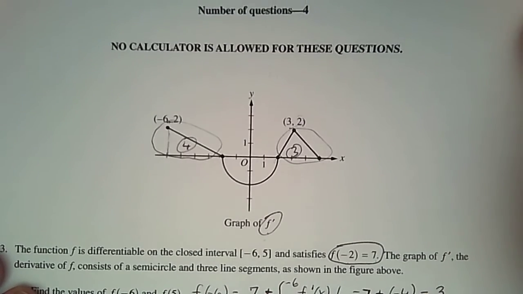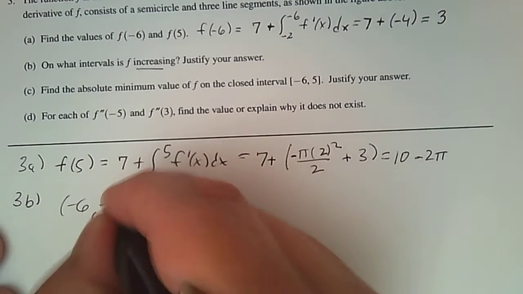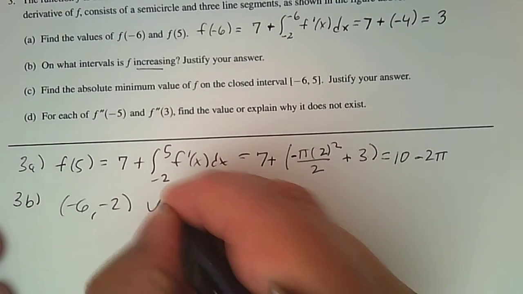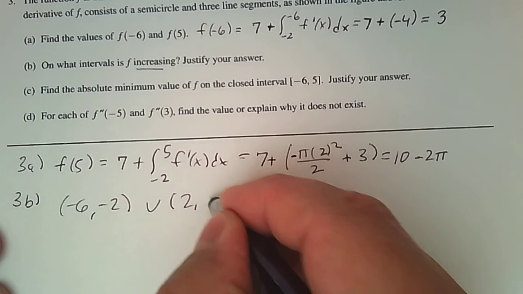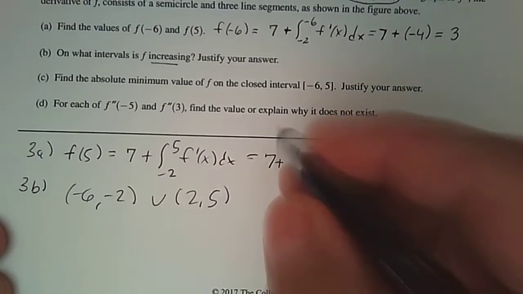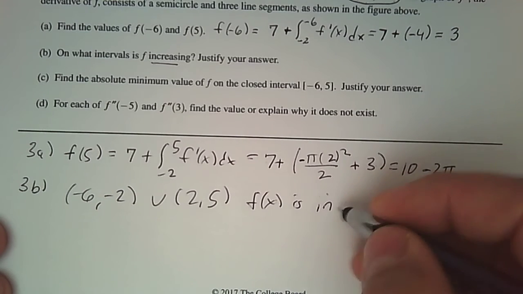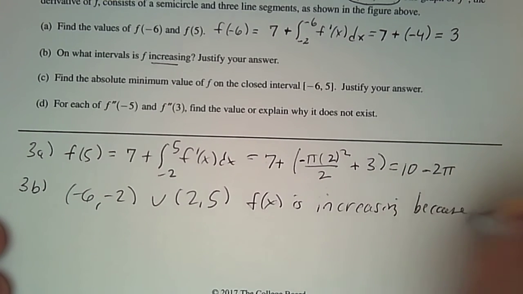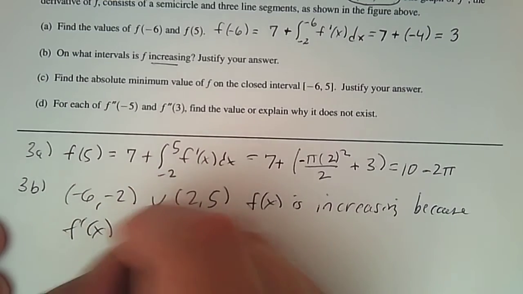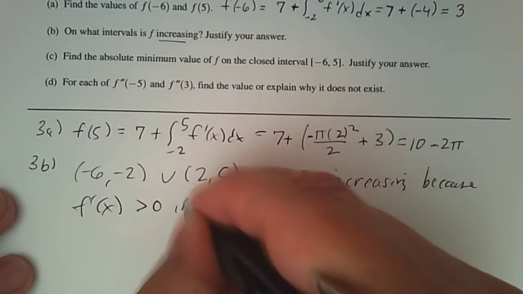So from -6 to -2, and from 2 to 5, on those intervals, f of x is increasing because the derivative is positive, or greater than 0, in those intervals.